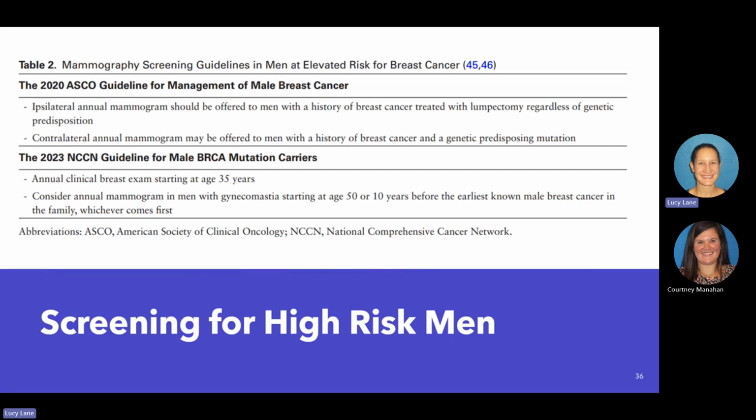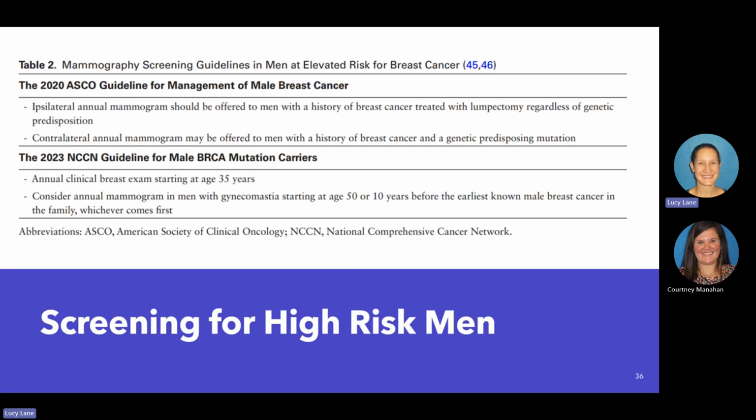Now, if you have an increased risk of breast cancer, the ASCO recommends ipsilateral annual mammogram in men with a history of breast cancer treated with lumpectomy, regardless of genetic predisposition, because of that increased risk. And then contralateral annual mammogram may be offered if they have a history of breast cancer and a genetic predisposition.